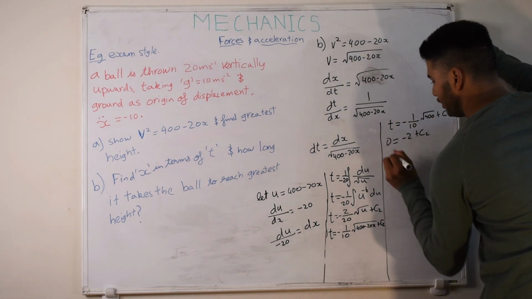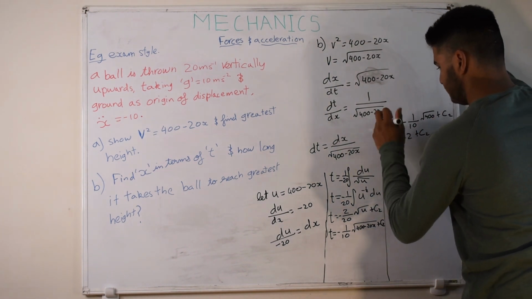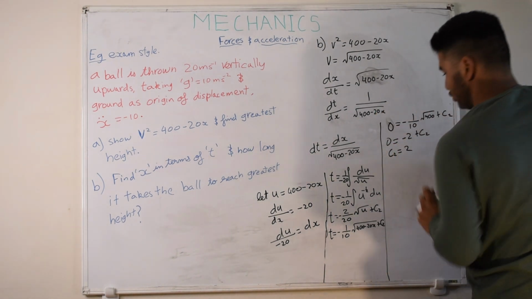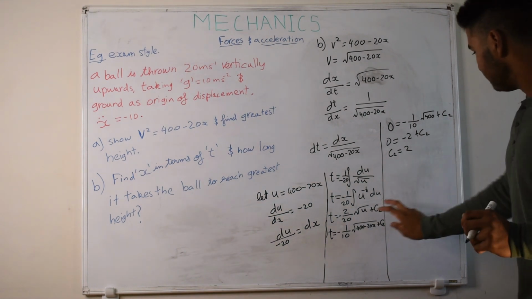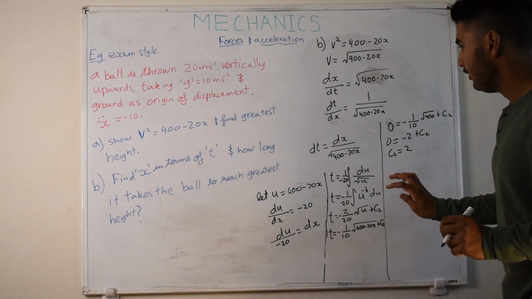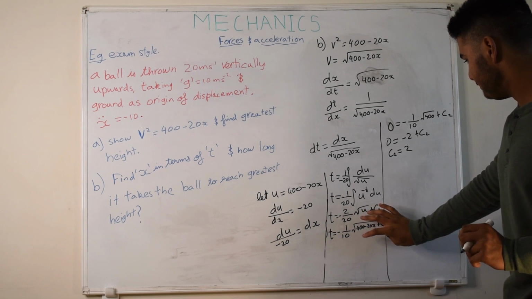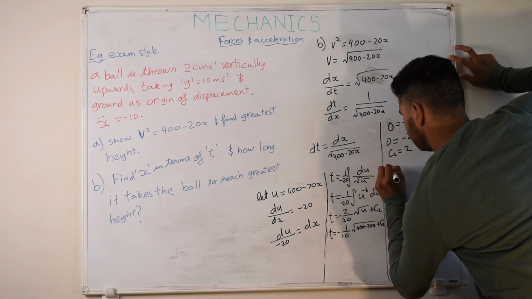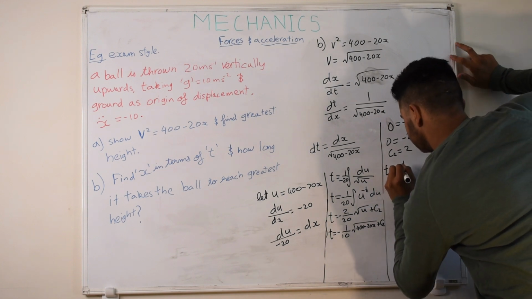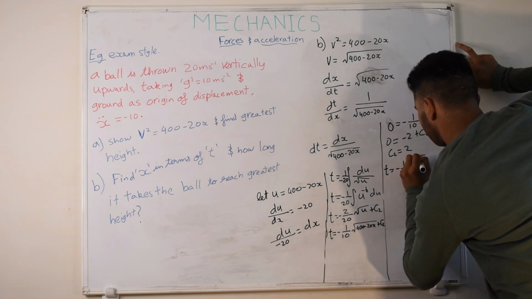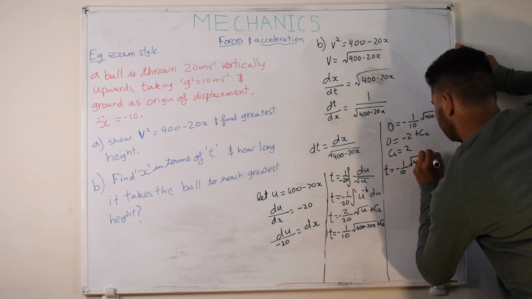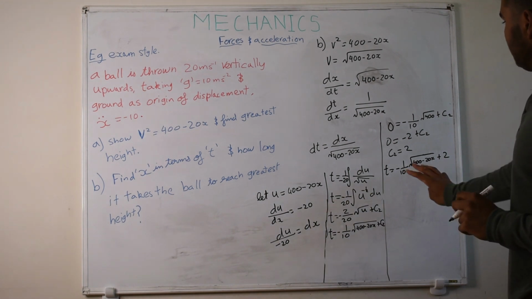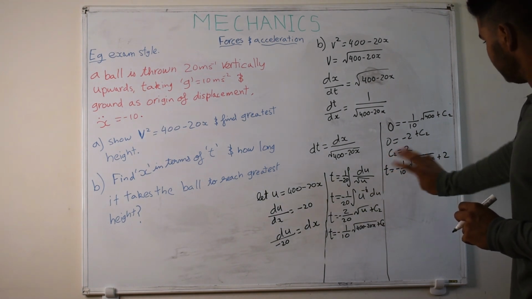So this is 0, this is also going to be 0, my bad. So c2 then equals 2. Correct? Sub this back into this equation over here. So t then equals negative 1 upon 10 square root of 400 minus 20x plus 2. That is t in terms of x.